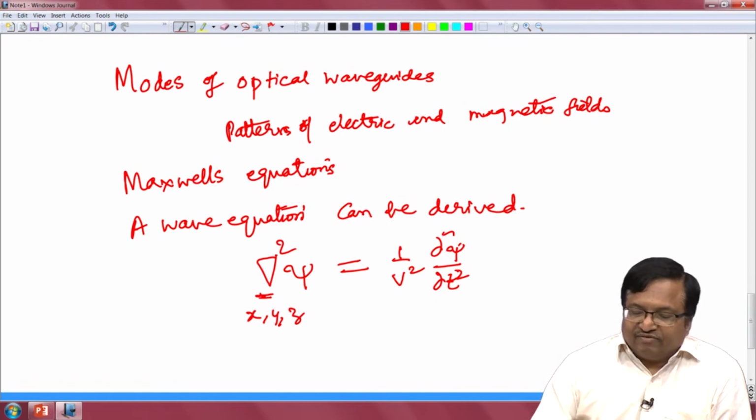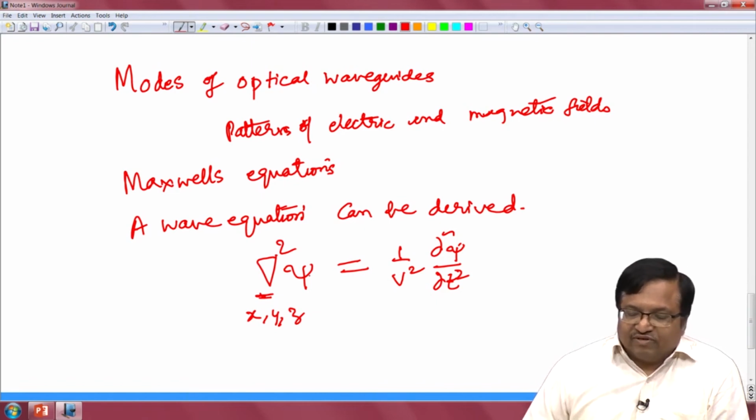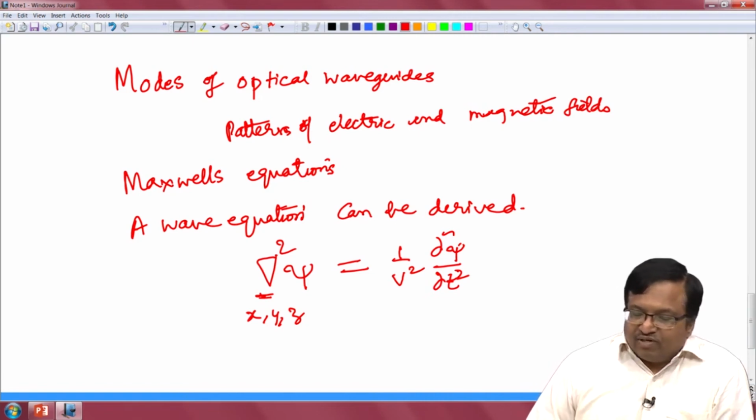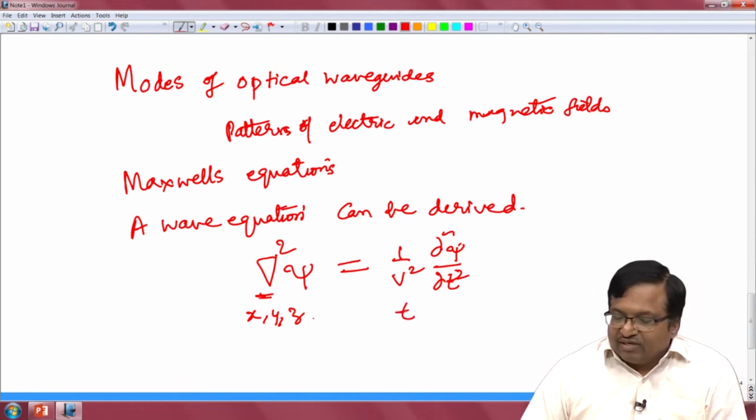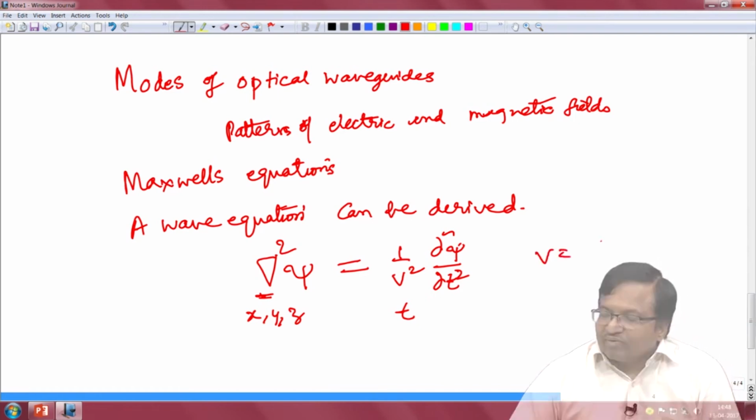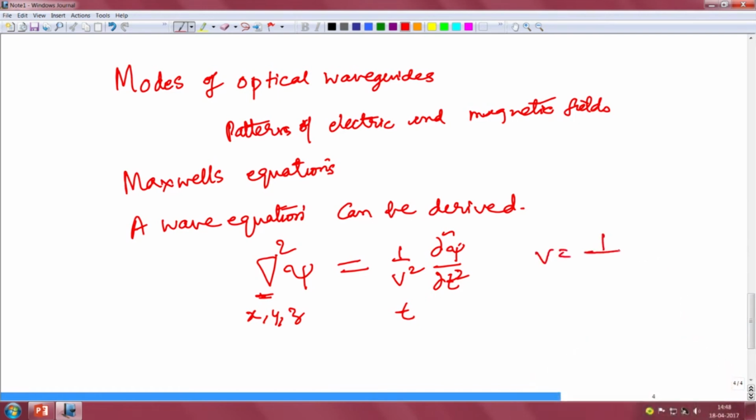So, we can say that a wave equation is a result of Maxwell's equations which can be used to study the propagation in optical waveguides. So, there are several parameters with us like x, y, z, and the structural parameters go in the form of the velocity, which can be expressed in terms of the medium properties, the magnetic permeability and electric permittivity of the medium.